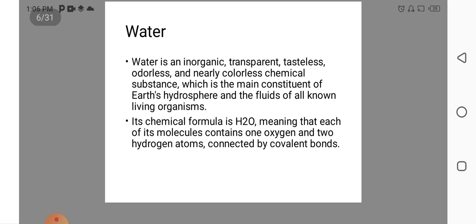Water is an inorganic, transparent, tasteless, odorless and nearly colorless chemical substance. We all know the chemical formula H2O. It occurs in the Earth's hydrosphere.